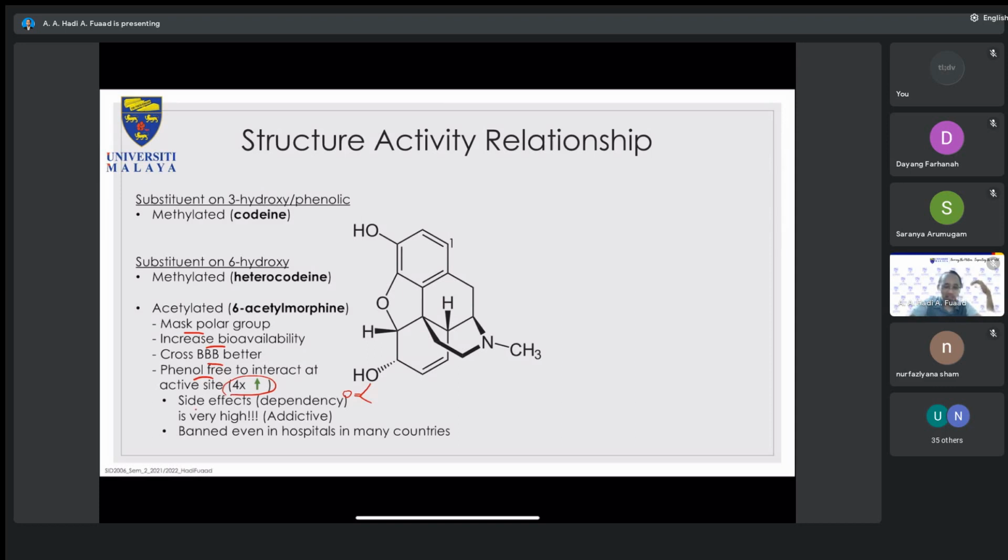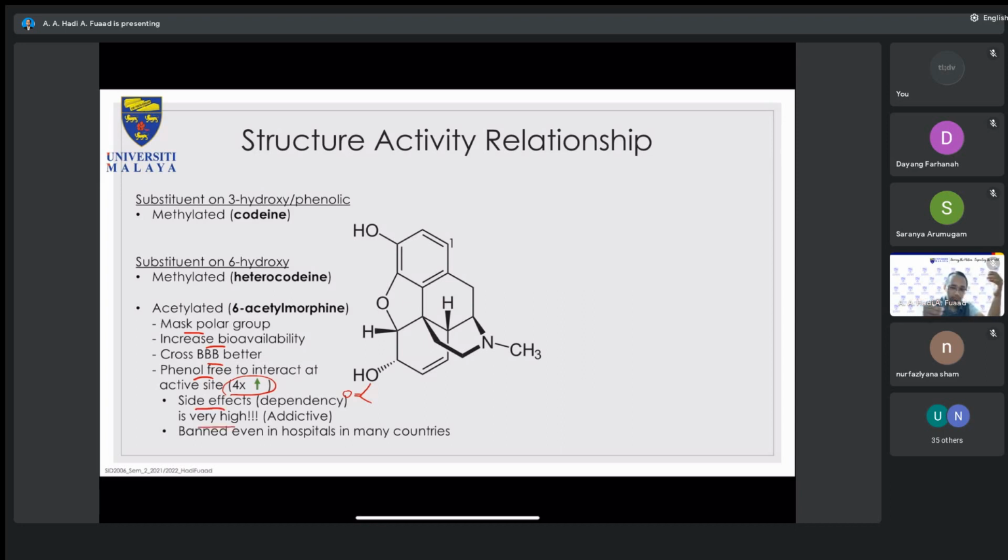However, it has even weirder side effects, which is dependency. If you were to compare with morphine, say addiction to morphine is level 1, this drug has more activity, and it also increases the dependency or addiction level to number 2 or number 3.